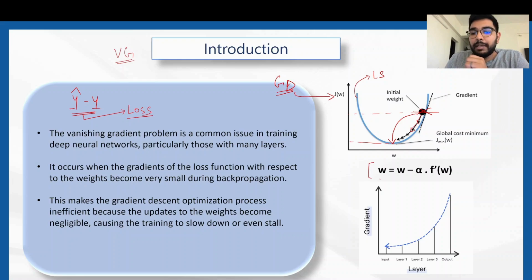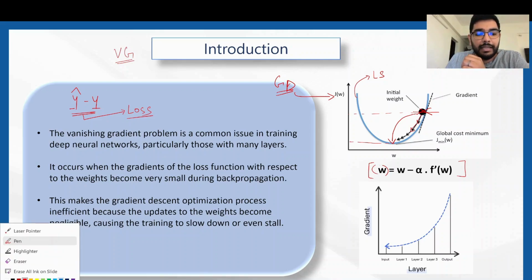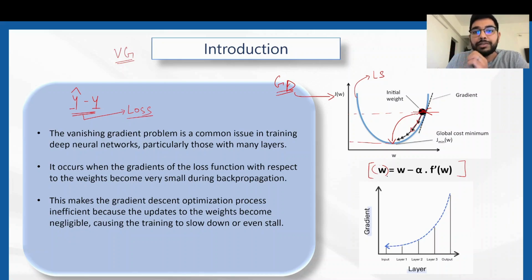Now, if you see this equation wherein we have the parameter W, which is weight, which needs to be updated iteratively with each back propagation cycle in the neural network. So if, for instance, we say that this is the final weight after the first back propagation iteration, and this was the initial weight, we are updating this weight using the gradient.